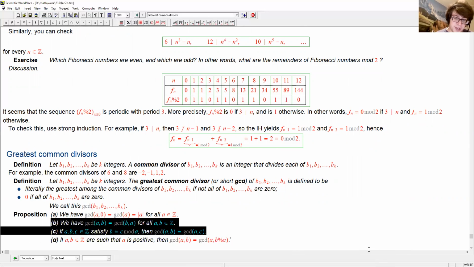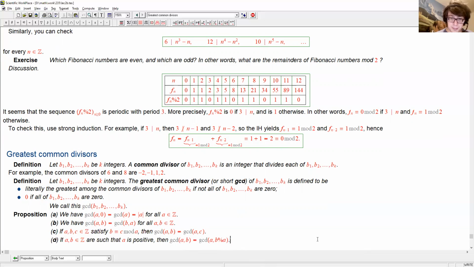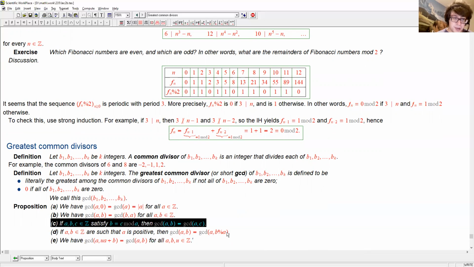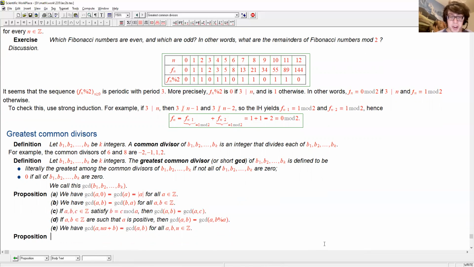This is simply a consequence of part C, because b remainder a is congruent to b mod a. This is yet another way to restate part C. It's saying we can always add to the second argument any multiple of the first argument, and the GCD doesn't change. It's a bit like determinants and row transformations, where you can add to a row a multiple of another row.